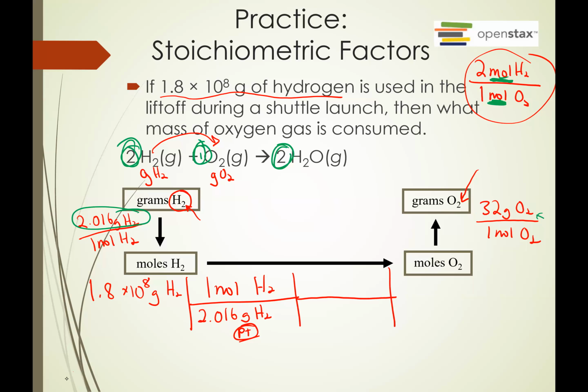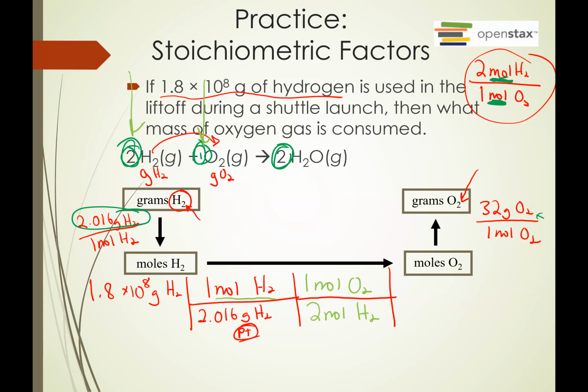Now we can do the new piece. What unit has to go on the bottom here? H2. There is how many moles of H2? 2 moles of H2 to 1 mole of oxygen. Again, we're only looking up here at the coefficients.